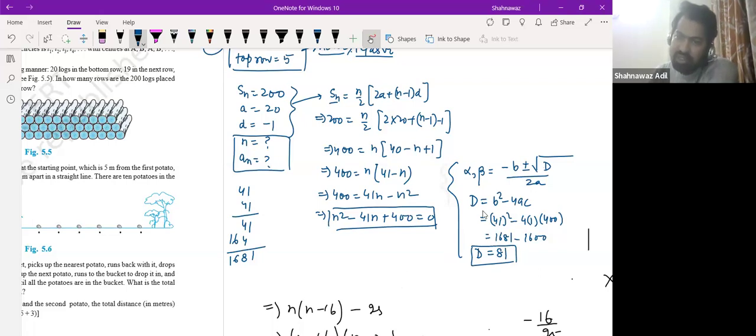Minus b is minus 41, so it's 41 plus minus the root of 81, which is 9, by 2a, that is 2. So 41 plus minus 9 by 2.